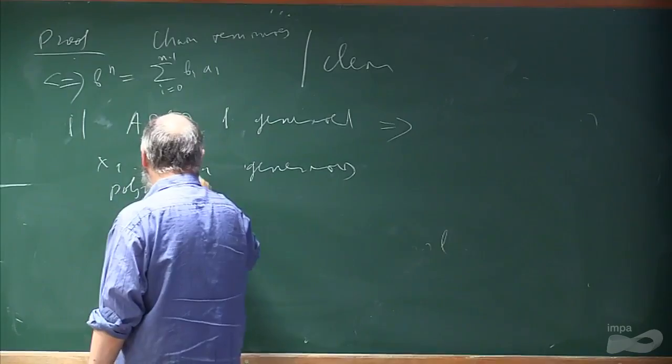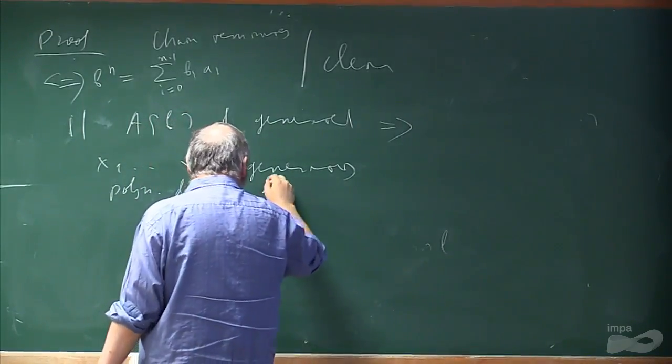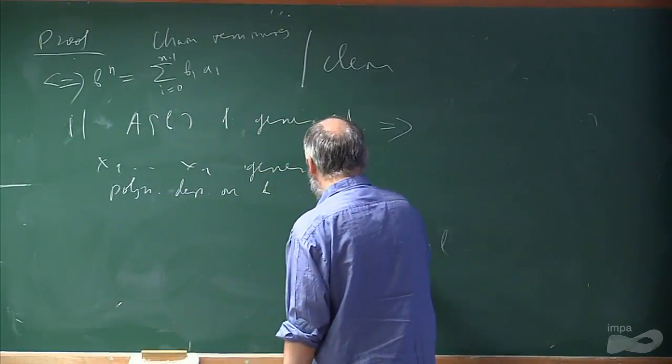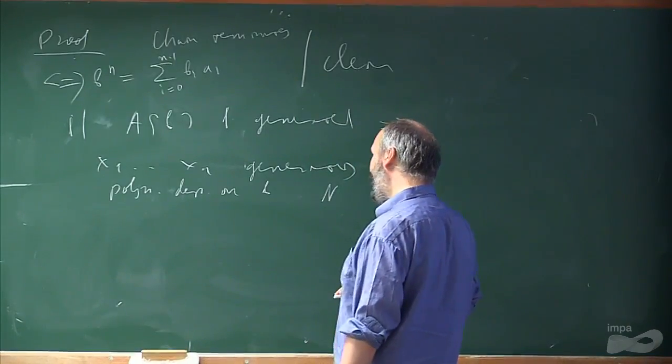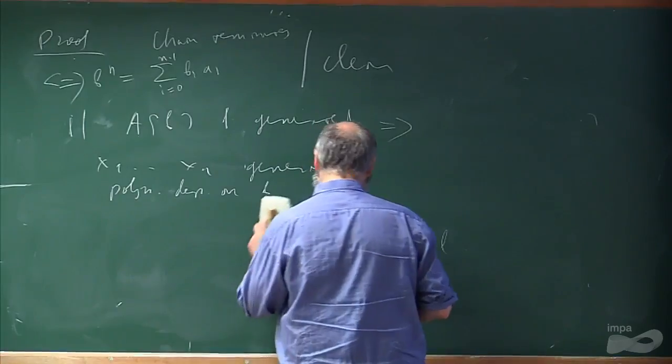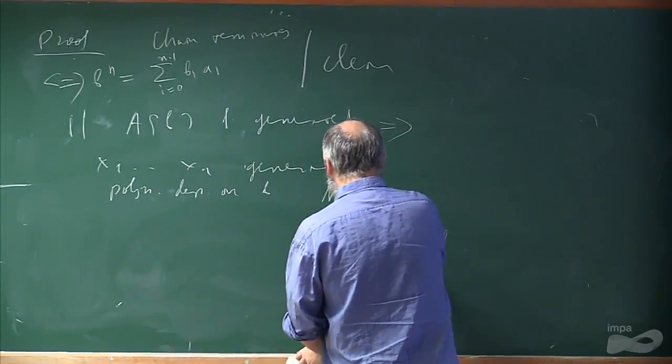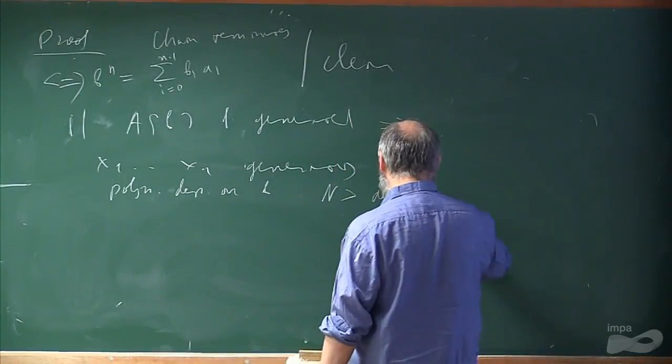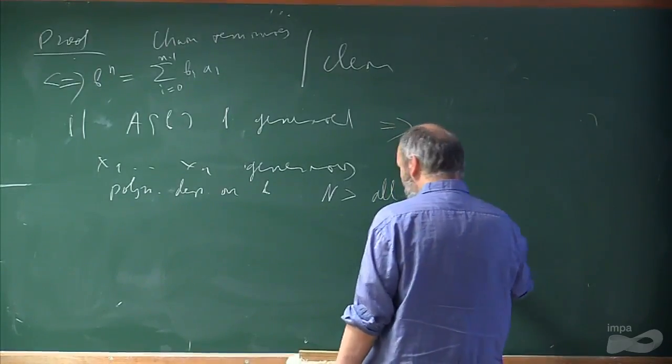Polynomials dependent on b, and suppose that n is bigger than all degrees in these polynomials.